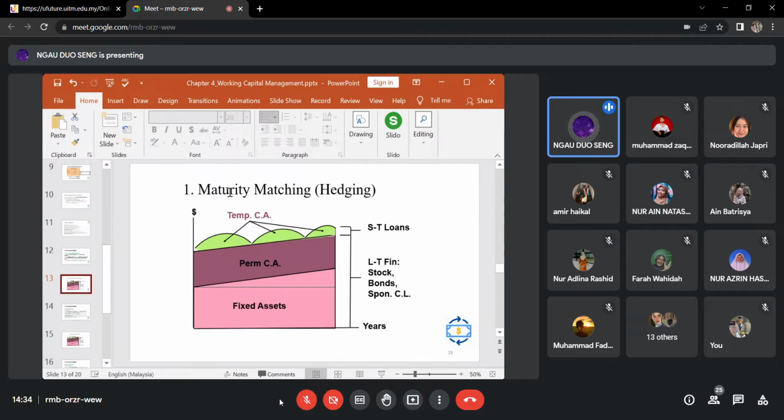For maturity matching, we use a short-term loan for this event. For permanent current asset and fixed asset, we are using long-term financing. For the short term, maybe you can borrow from the bank, just for maybe 2 months, right? So this one will be the maturity matching.